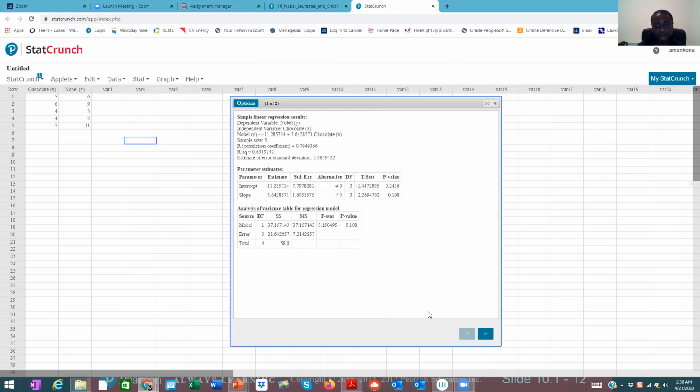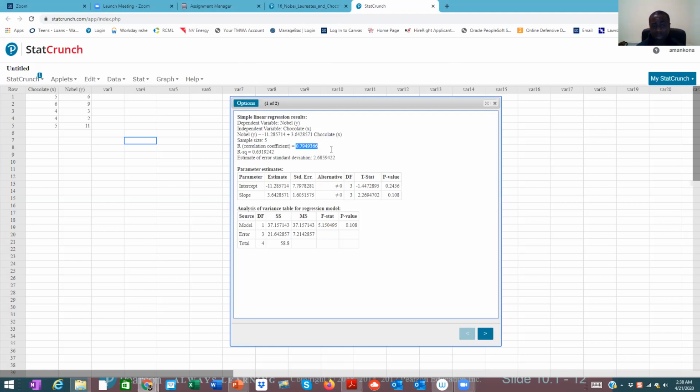Let's go back to our output. Now here is the output. There are a couple of things that we can look at. This is the regression equation, or the regression line, and this capital R here is the correlation coefficient. So according to this, what is the correlation coefficient?